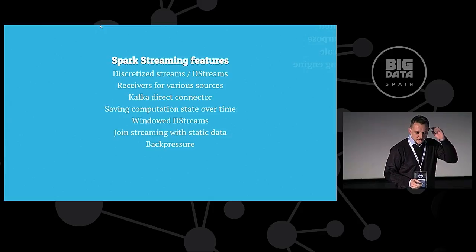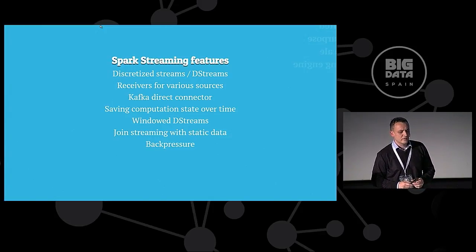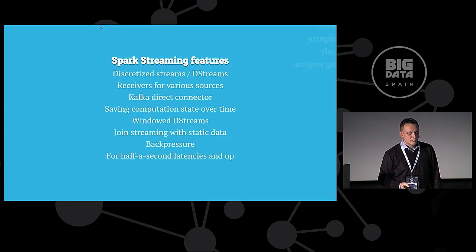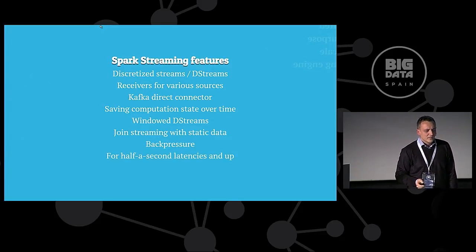That's not that common with other frameworks maybe. And you can use back pressure. If Spark doesn't have enough resources to keep processing all the data that's coming in a single mini batch, it can just stop reading, for example, from Kafka, and say, you know, wait a minute, I have to process this data, and then I'm going to start reading again, which is a really useful thing sometimes.